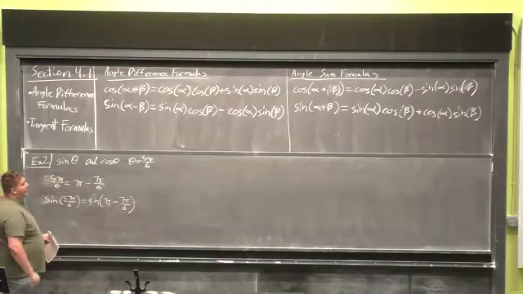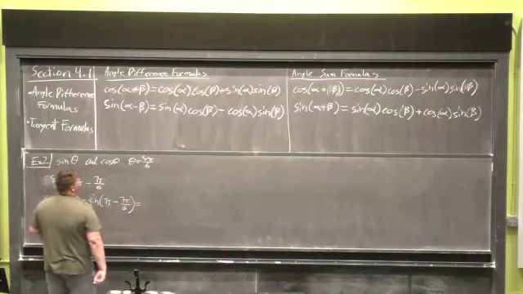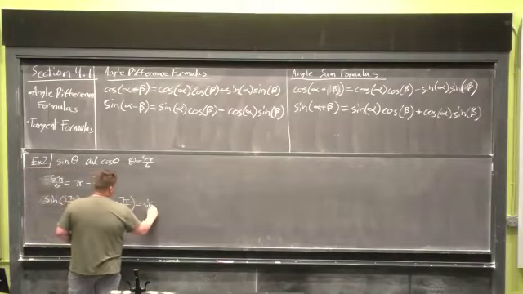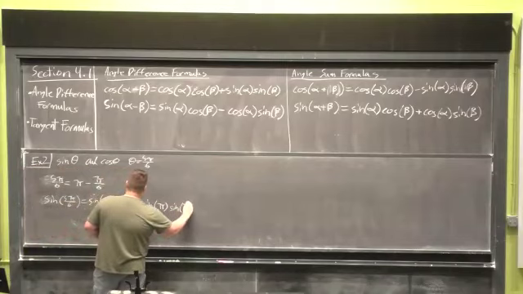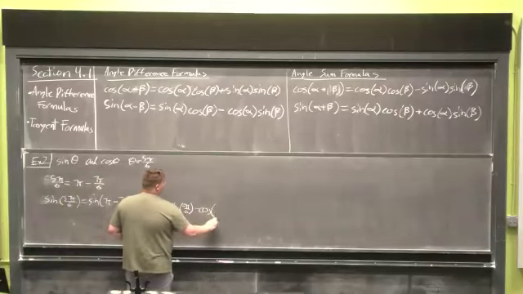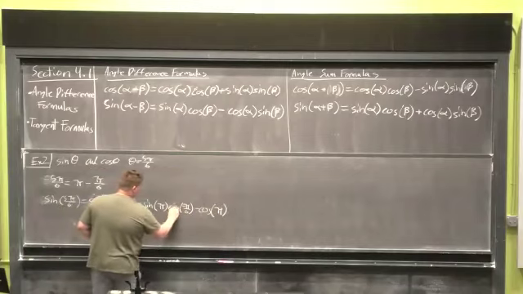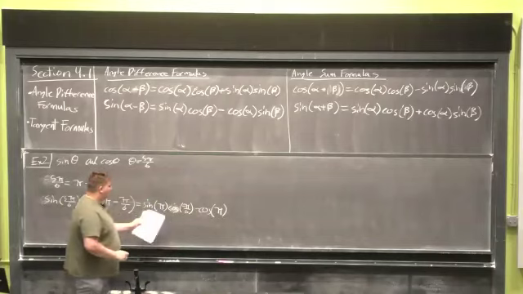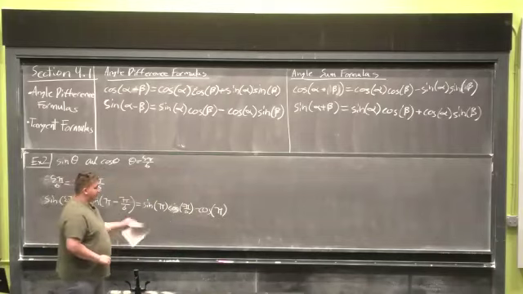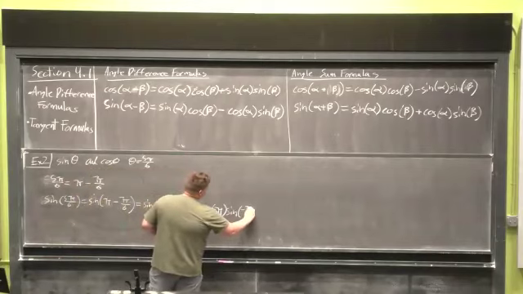But if we didn't catch that, we can then run it through the formula and we can have sine of pi over 6, sorry, negative pi over 6. We want to subtract cosine of pi. Oh, sorry, this is cosine. So sine of pi times cosine of negative pi over 6 minus cosine of pi times sine of negative pi over 6.